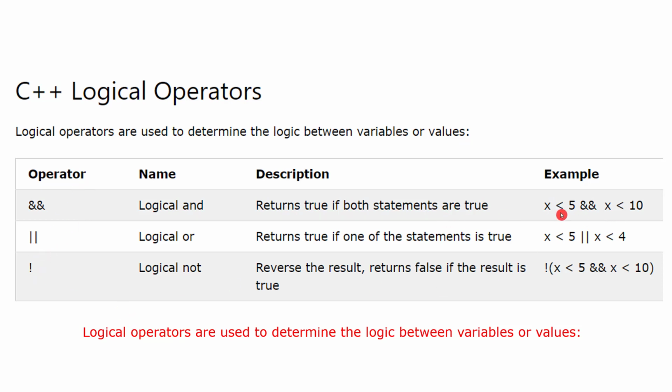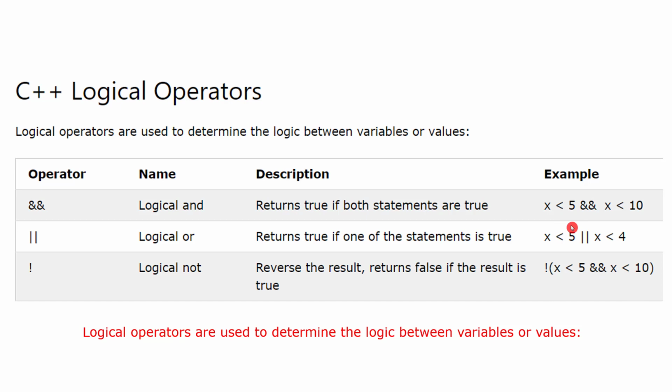So if x is less than 5 and x is less than 10, suppose we are giving a value and comparing with these values. This returns true if both statements are true. Suppose we are giving a value of 15. 15 is less than 5, it's not correct, and 15 is not less than 10. So both are false, and so it will return false.